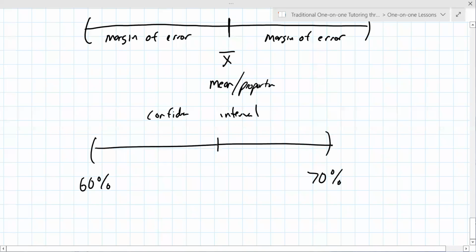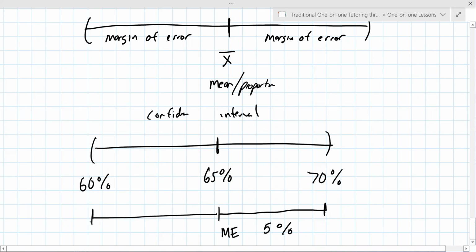Okay. What is the center? What is the average between those two? 65. 65%. So the margin of error is 5%. And sometimes ME is used for margin of error. Okay. Similarly over here.